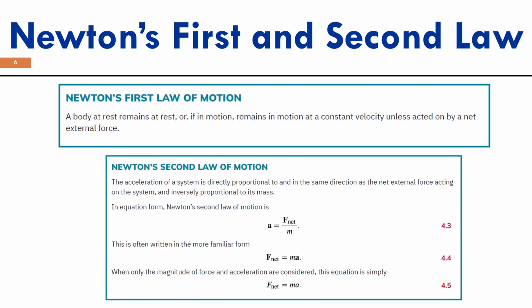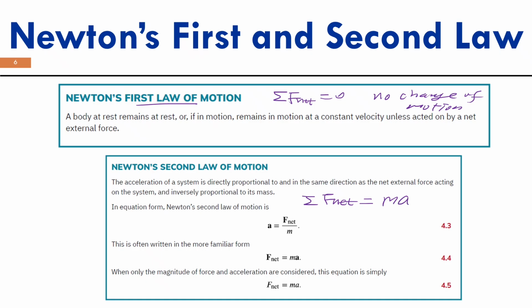Alright, let's summarize what we have discussed. So remember, Newton's first law basically says, if the net external force is 0, there is no change of motion. That's what Newton's first law says. Newton's second law says, what if there is a net external force? Newton says, don't worry, you're just going to have a change of motion.